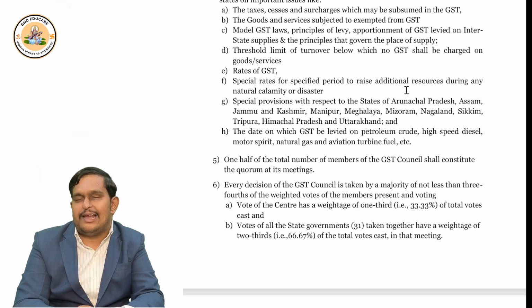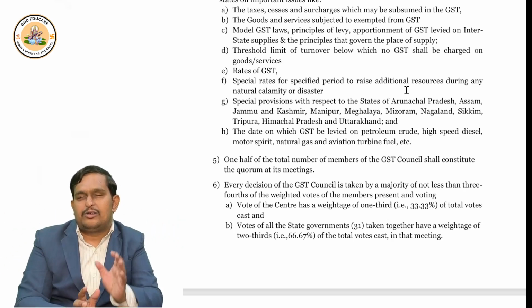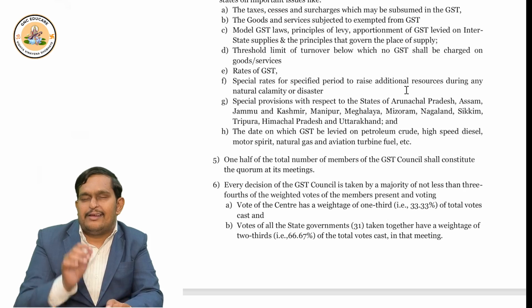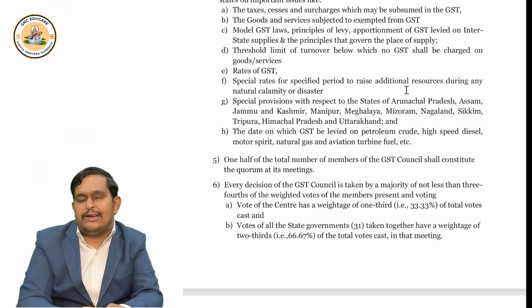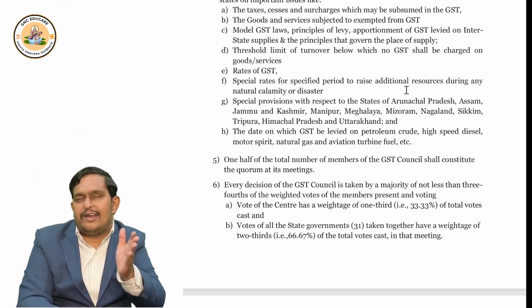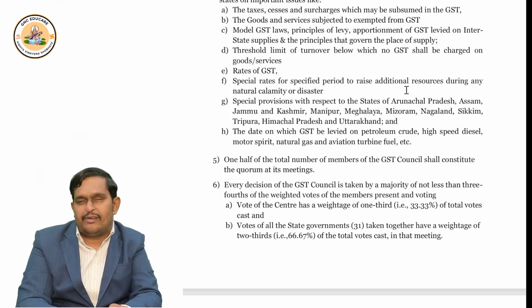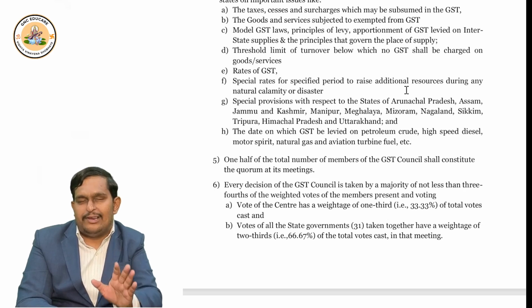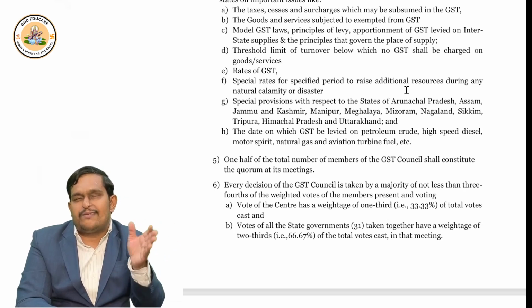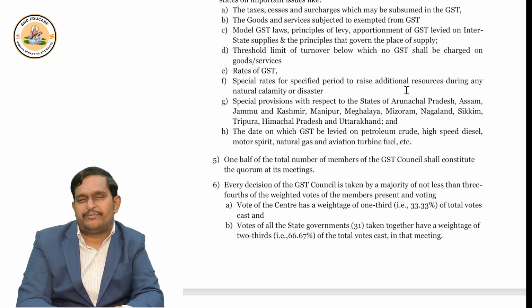Right? Next thing I will tell you is that when the meeting is conducted, to take a decision, at least 75% voting should be done. Weighted vote should be there in favor of the decision. 75% of the weighted vote, I said. That means central government has 33% vote. I will simplify it. Central government's vote is treated as 33.33% vote.